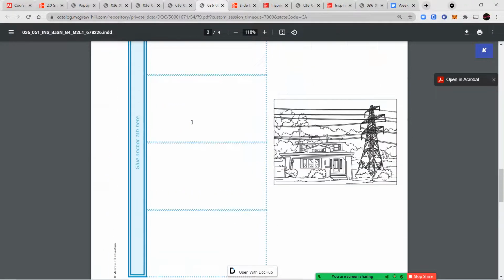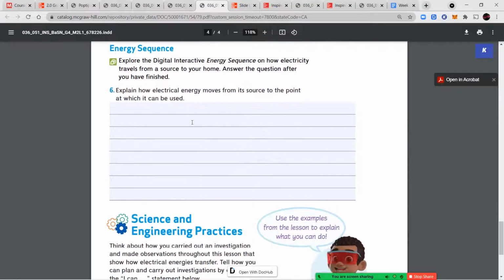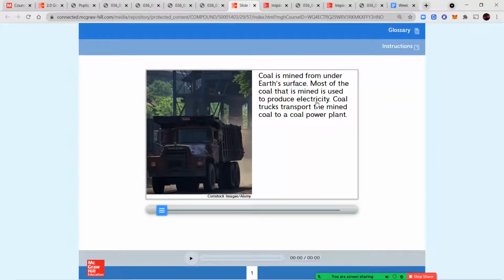Now, on page 60, we're going to explore the digital interactive energy sequence on how electricity travels from a source to your home. And then we're going to answer the question: explain how electric energy moves from its source to the point at which it can be used. So how does energy go from where they start collecting it to where it's usable energy for you?